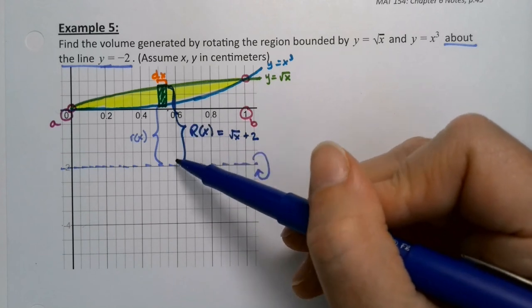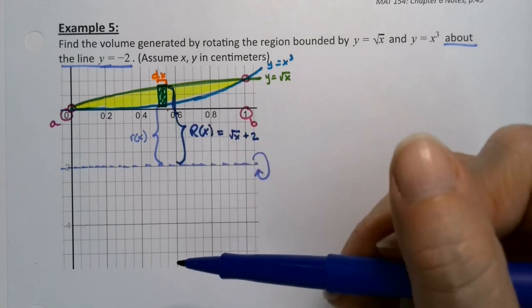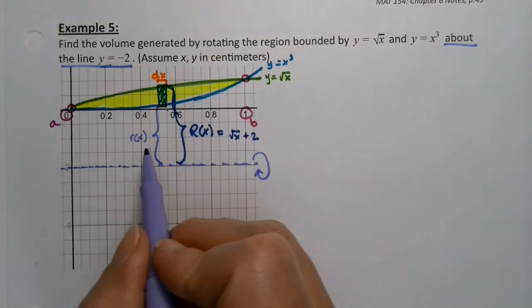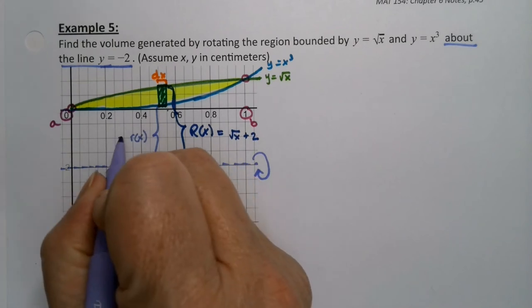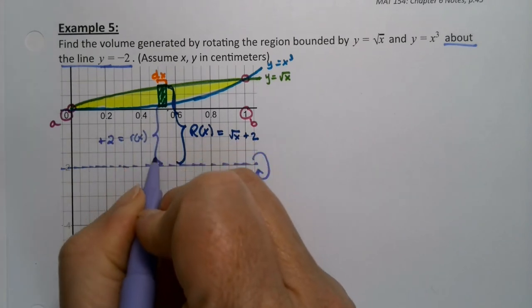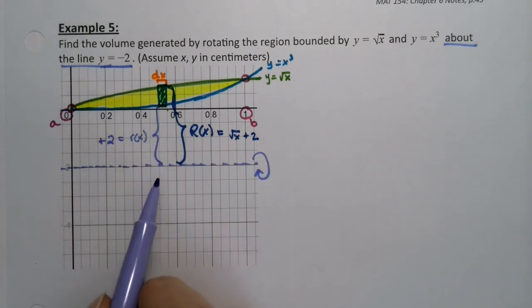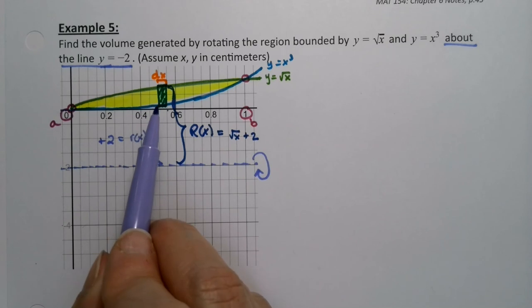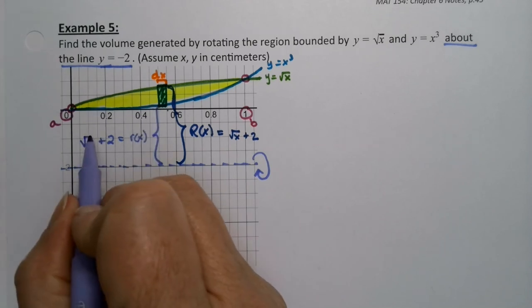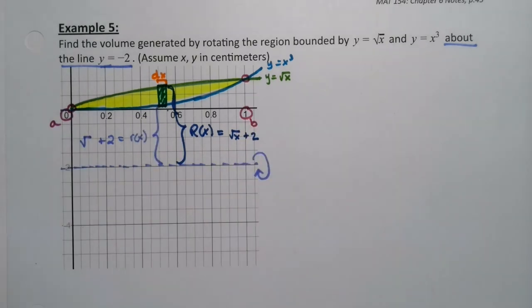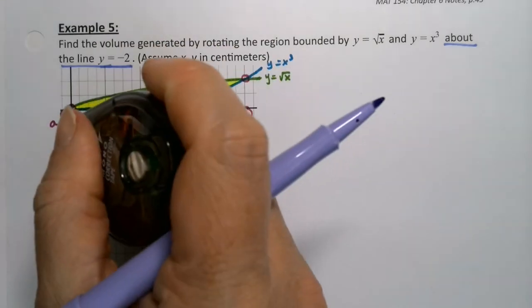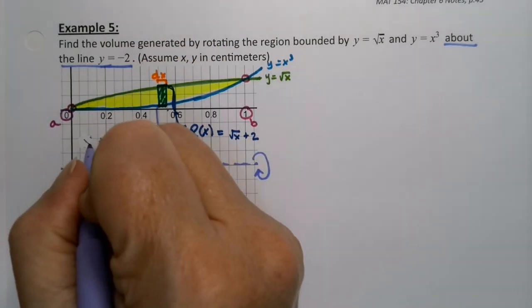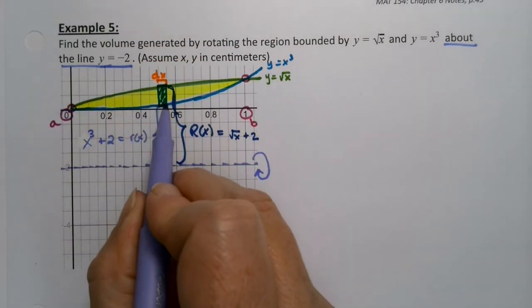That's a distance of 2. And then for the inner radius of rotation, it would be 2 again, plus, because 2 will get you back to the x-axis. And then that little bit left over is, oh, not the square root of x, it's x cubed. Sorry, I was looking at the square root of x when I said that. So it's x cubed, the inner function, that little blue one right there.